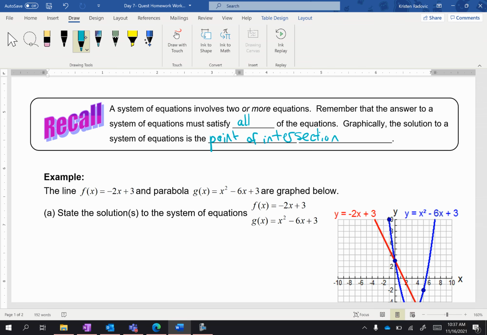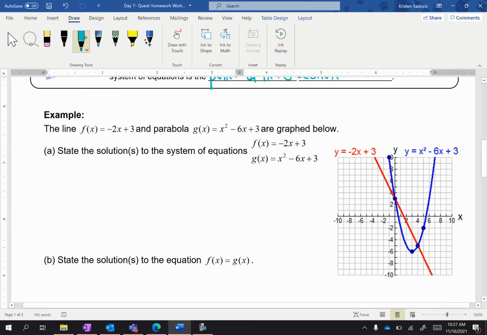So we have 2 equations graphed below, the red and the blue, and they're asking to find the solution to a system of equations. How do I know it's a system? They're writing one equation above the other, and it's telling me this system has 2 equations. The solution to them are their points of intersection.